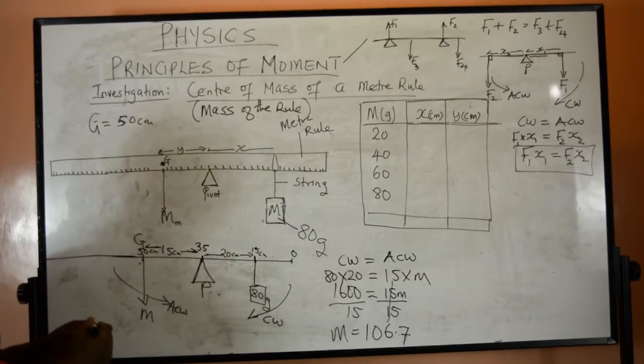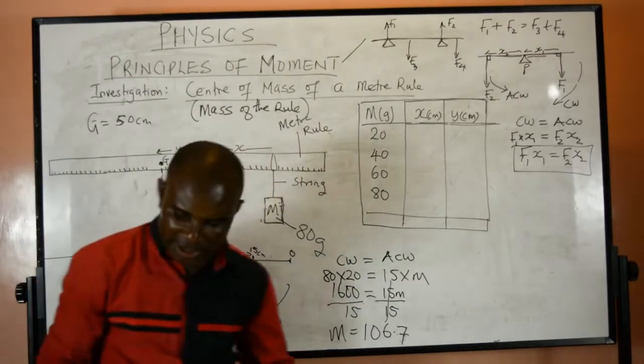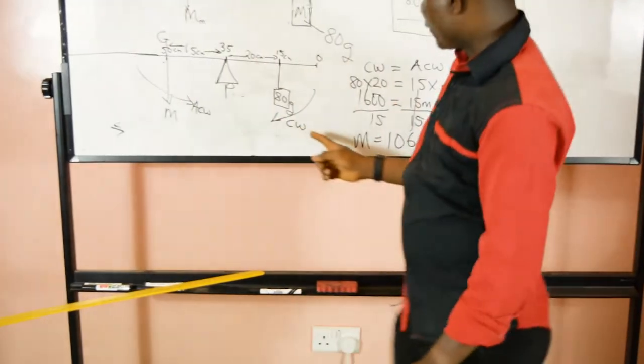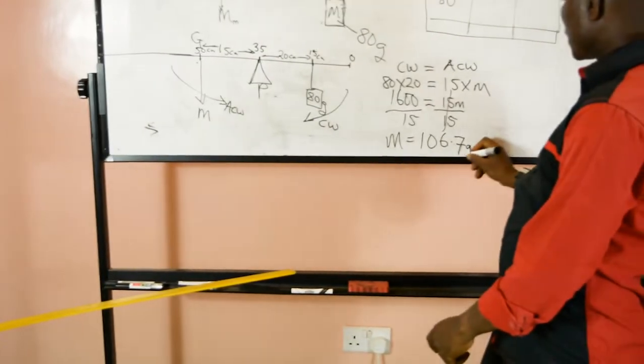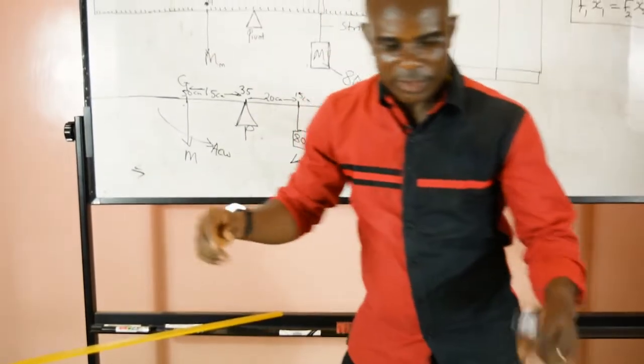This was the rule. So let's still verify it from the balance. We have calculated the mass of the rule as 106.7 gram.